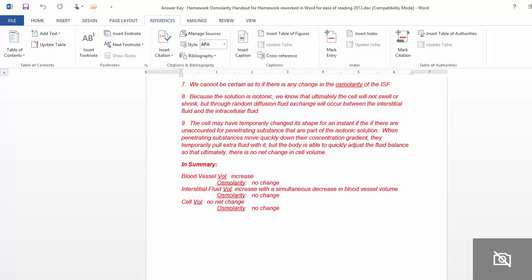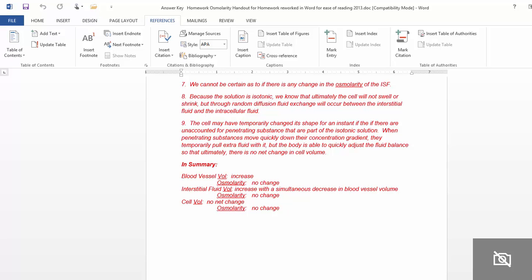So the blood vessel volume increases compared to the beginning, right? The osmolarity doesn't have a change. No change. We don't know, really. So we're just going to say no change because we don't know. The interstitial fluid volume increases with simultaneous decrease in blood vessel volume, right?